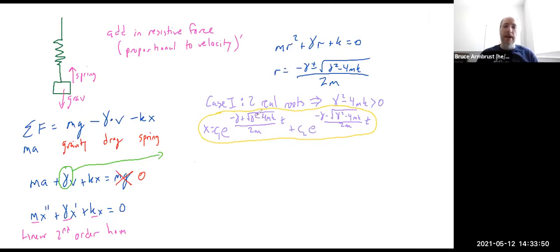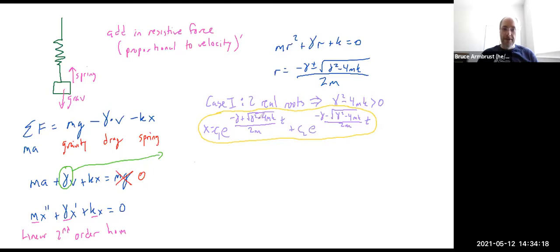So we've got gamma squared, and we're going to take something away. So what's inside is less than gamma squared. Well, when you take a square root of that, that's going to be less than gamma. Right? Like let's say it was 4 squared. If we had, say, 15, the square root of 15 is less than 4.